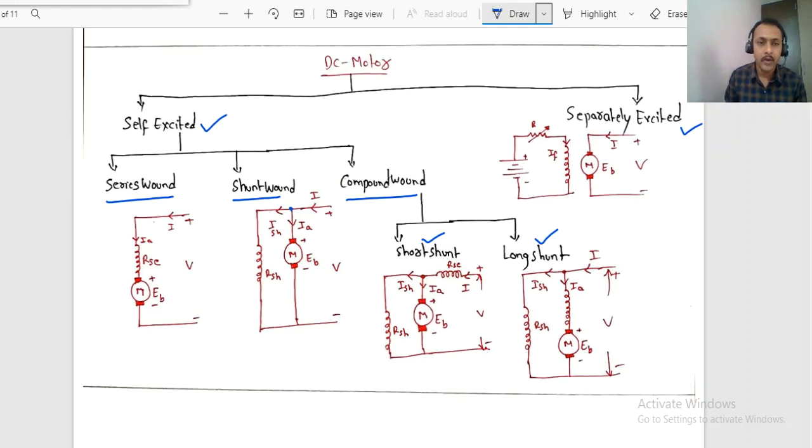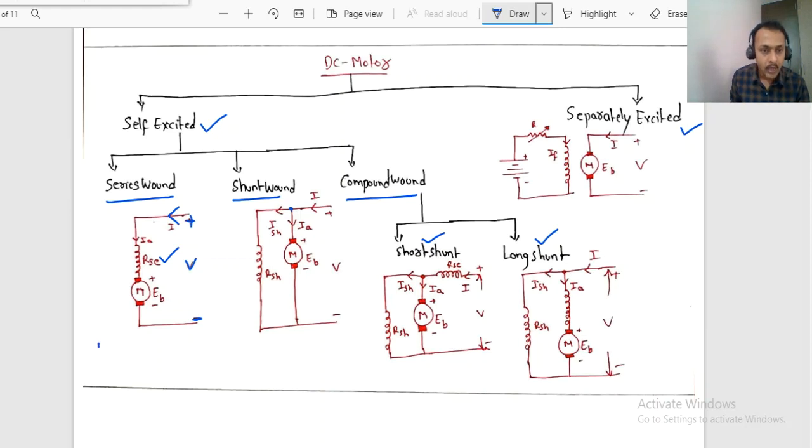Now, you can observe the difference in these diagrams. The current is into the armature. Observe here, the terminal voltage V is applied to the motor. Now current I flows. If it is series, the same current flows in the series field winding RSC, and it is also flowing in the armature. Therefore, here also I equals ISC equals IA.